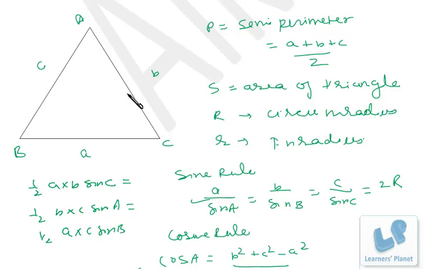So two adjacent sides and sine of angle between them, using them, you can calculate the area of the triangle, right? If you equate all of them, you'll be getting this expression. Okay, so that's pretty easy. You must be knowing sine rule, cosine rule, and how to find out the area of triangle using sine rule.